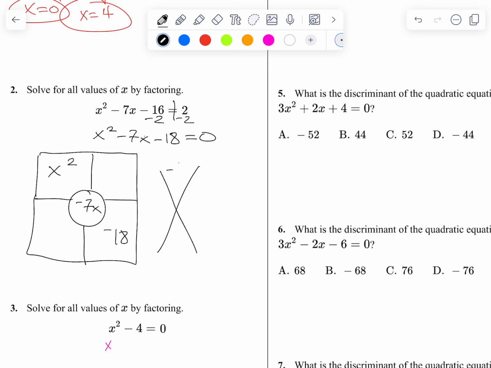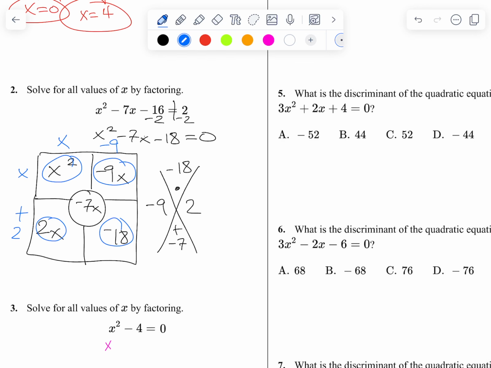So I'm looking for two numbers that multiply to negative 18 but add to negative 7. And I believe that'll be negative 9 and 2. So I think this will be negative 9x and 2x. To get x squared, it's x times x. And then x times negative 9 gives me negative 9x, and x times positive 2 gives me 2x. And then 2 times negative 9 gives me negative 18.